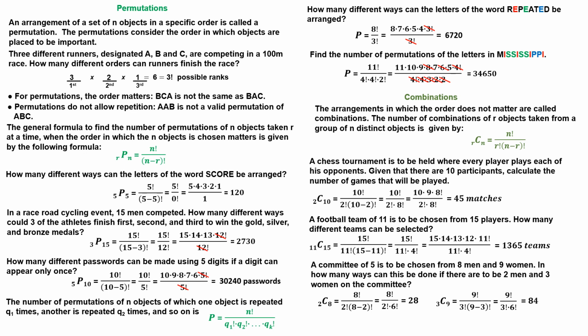Note the first event is choosing men and the second event is choosing women. We now use the fundamental counting principle to find the total number of ways of choosing the committee.